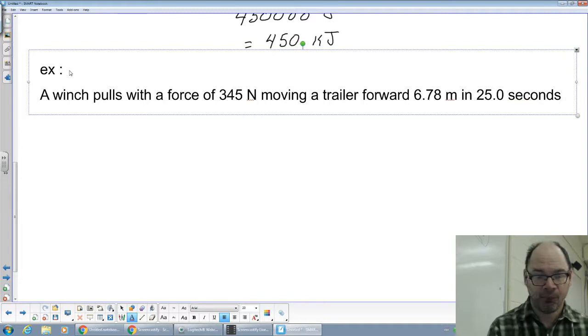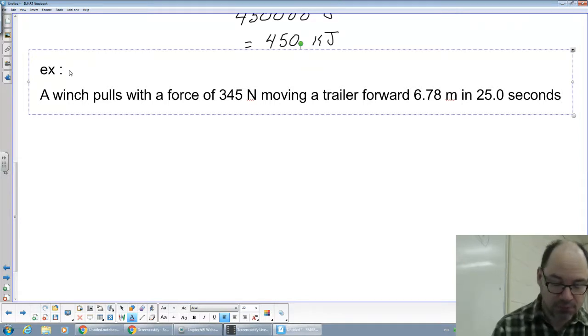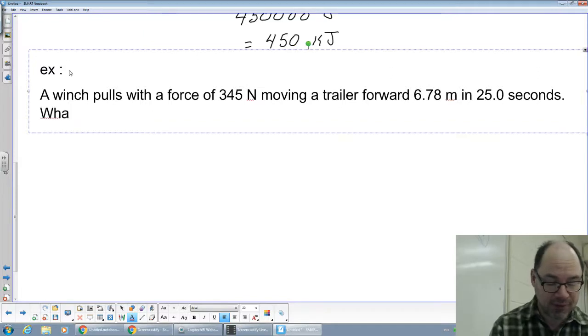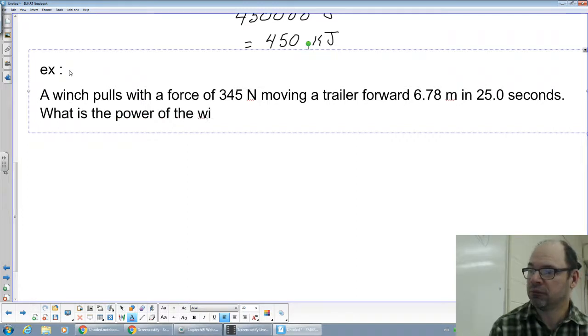Okay. What is the power of the winch if it's at max output? Let's say, period. What is the power of the winch if it is at maximum output?